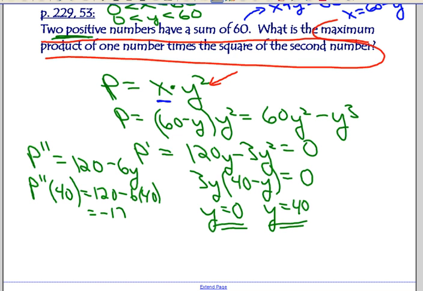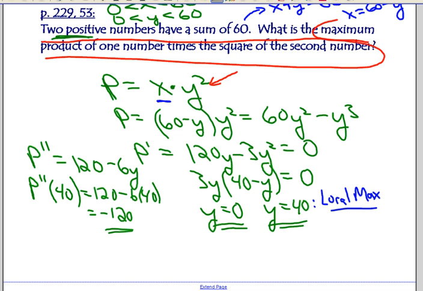Subtract that, and I get a negative. So my second derivative is negative. By the second derivative test, y equals 40 is a local max. And on my domain, greater than 0 and less than 60, that's my only critical point, and so that is my max.